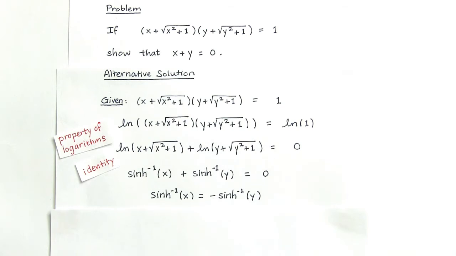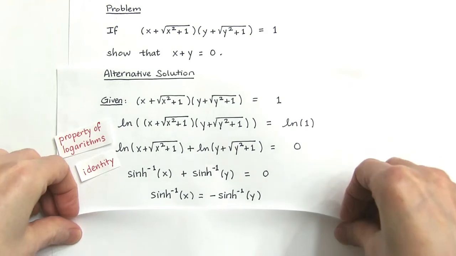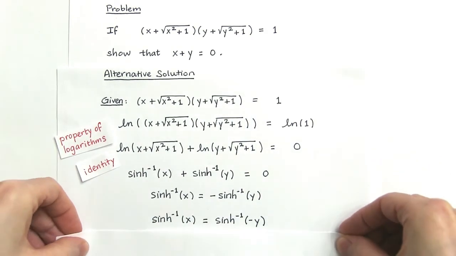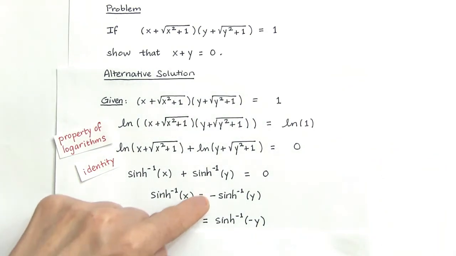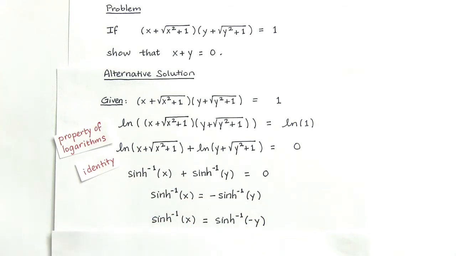Now, an interesting property of the inverse hyperbolic sine is that it is an odd function. And so I can pull the negative into the argument like this.